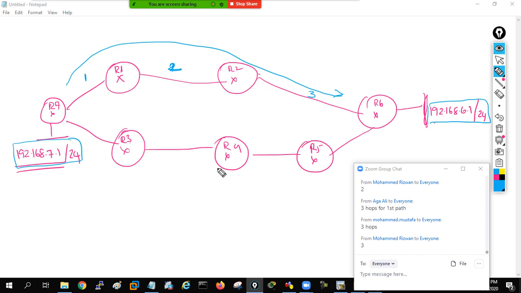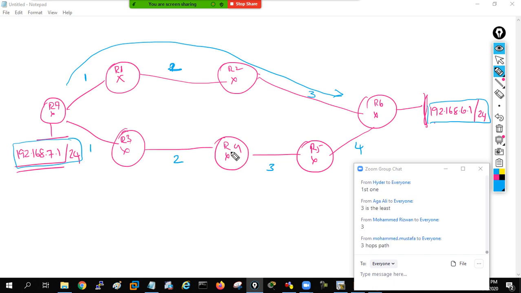And if you choose this road, router 7 to router 3 is 1, 3 to 4 is 2, 4 to 5 is 3, 5 to 6 is 4. Right, guys? So which is the least hop? 3 hops is the least.